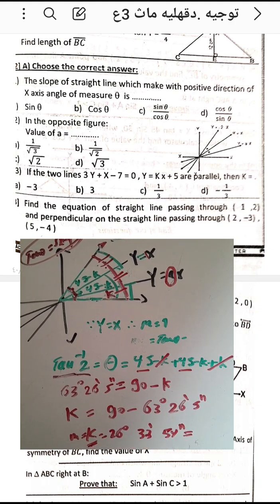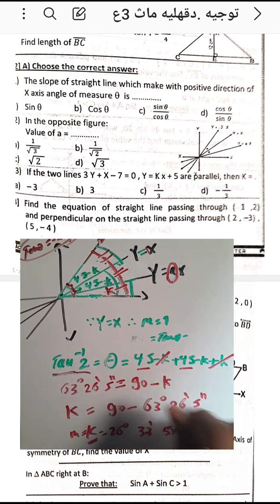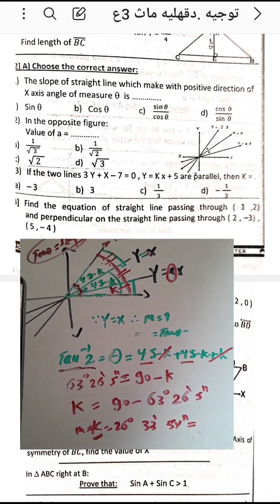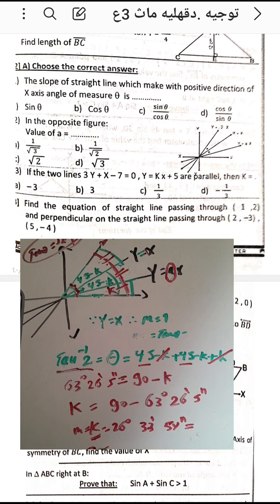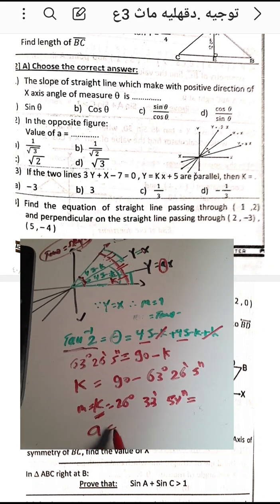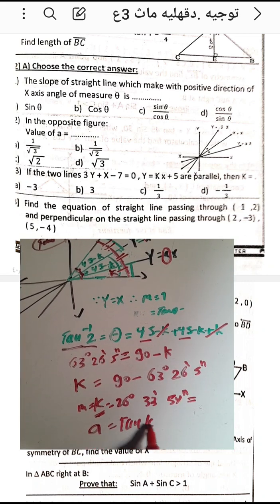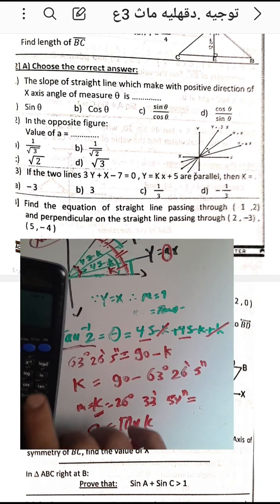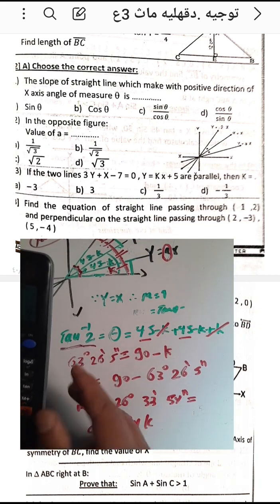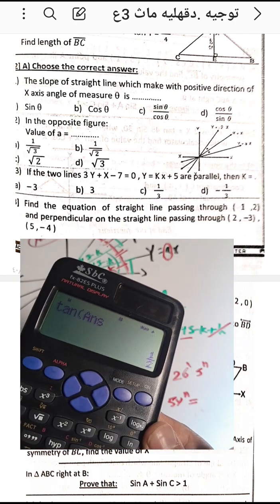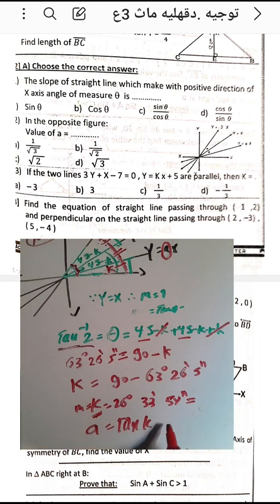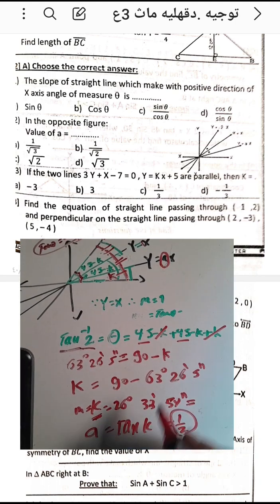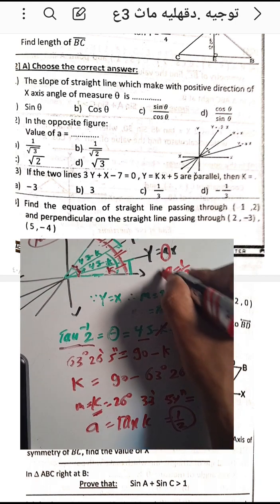We have here the angle was 26 degree, 33 minutes, and 54 seconds. We want to find the slope A equals tan k. Tan answer, the result will be half. Okay, then A here will be half.